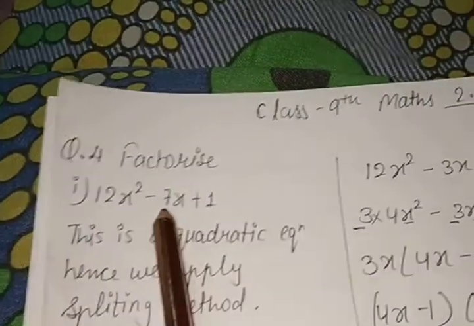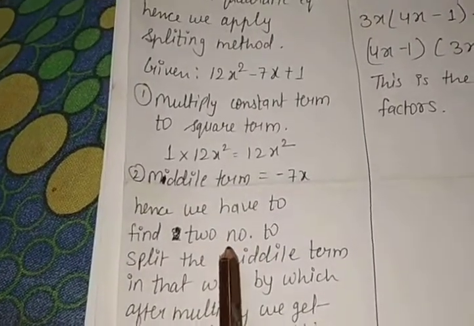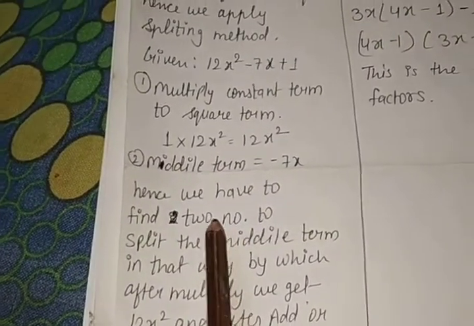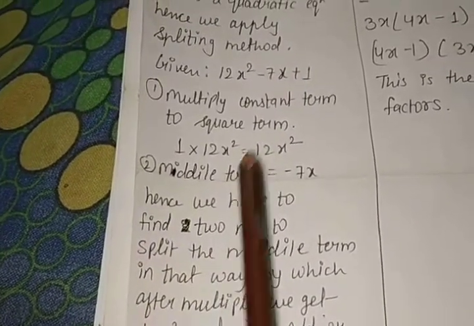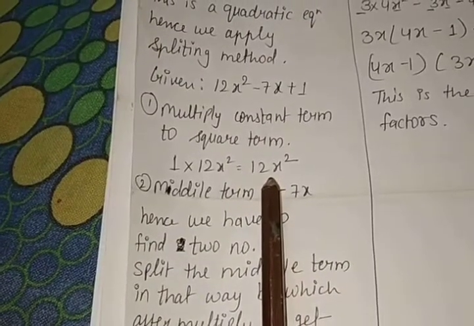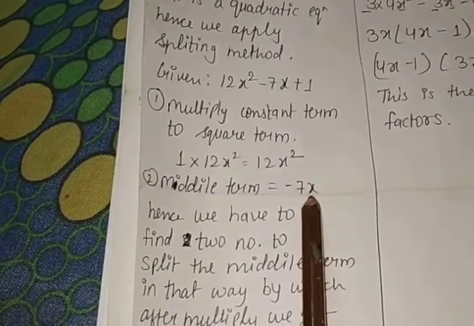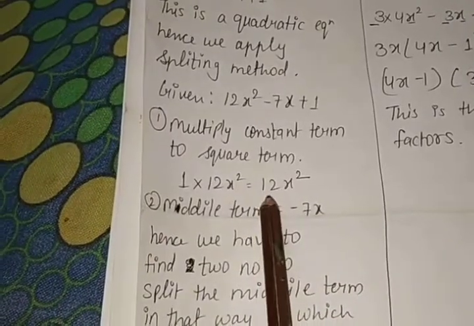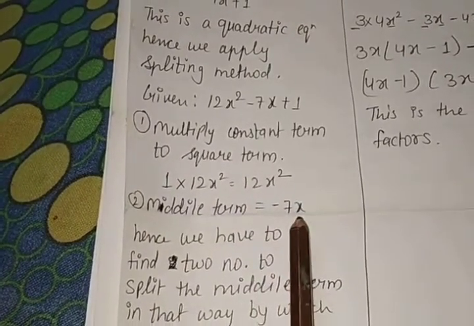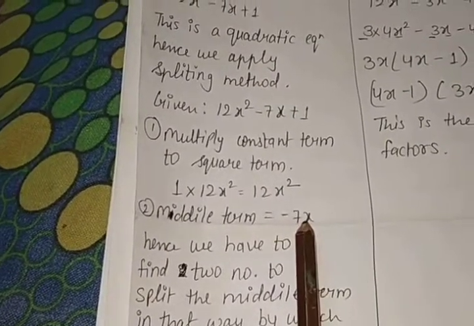Now we have to find two numbers such that if we multiply both the numbers then we will get 12x square, and if we add or subtract both numbers then we will get minus 7x as the answer.